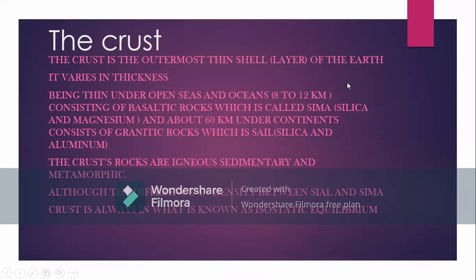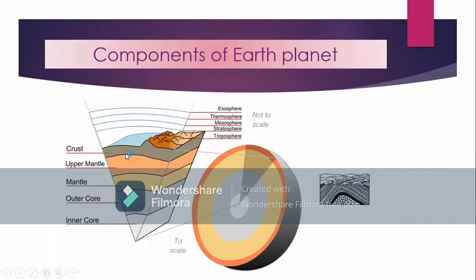Silica is a material on the Earth, and Ma for magnesium. So this plate is rich in silica and magnesium. About 16 kilometers under the continent consists of granitic rocks, which is Sial: silica and aluminium.